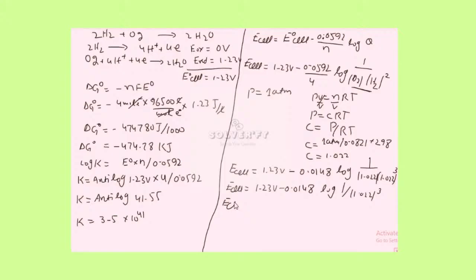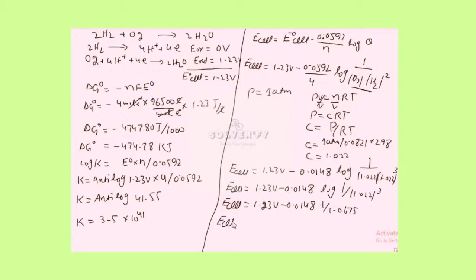E cell is equal to 1.23 volt minus 0.0148 and log of 1 divided by 1.0675.